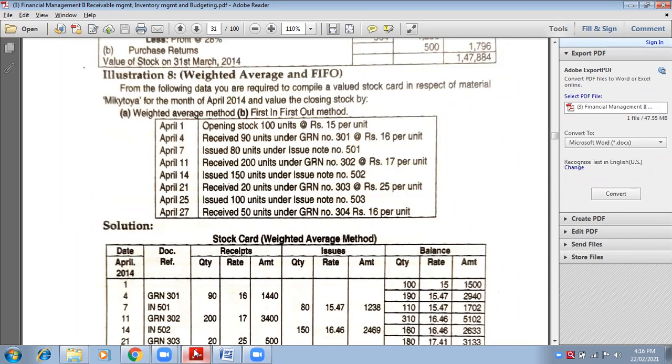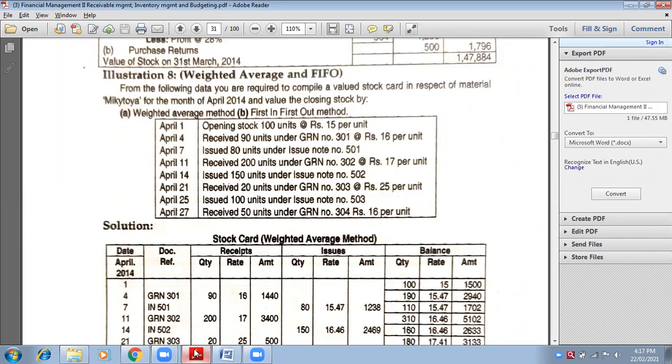Write down 20 in the issue column. 20 into, what is the rate? 15. So 20 into 15 is how much? 300. So 20 are gone. Now come to the next slot. How many units were in the second slot? 90.